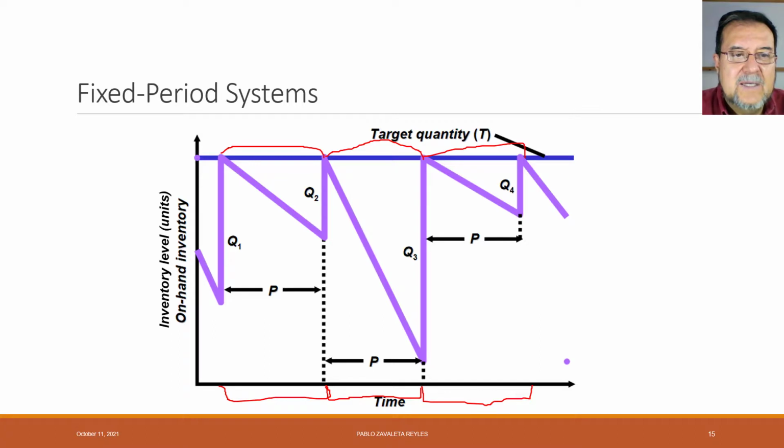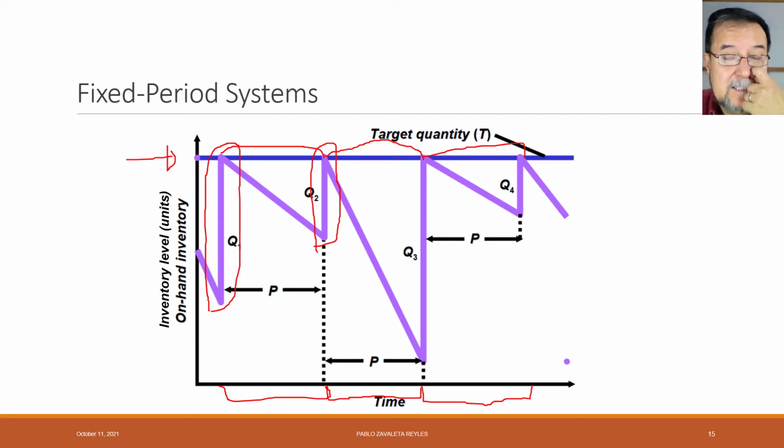And as you can see, we order enough to replenish our inventory, so as to be able to arrive at this target inventory. How do we calculate that target quantity? Okay, that's a matter of some depth that we're not going to be covering in this course.